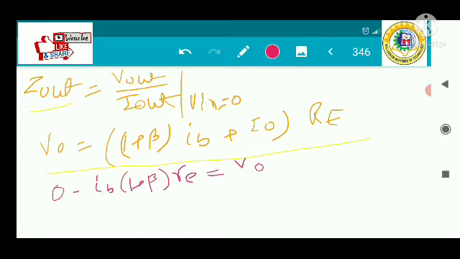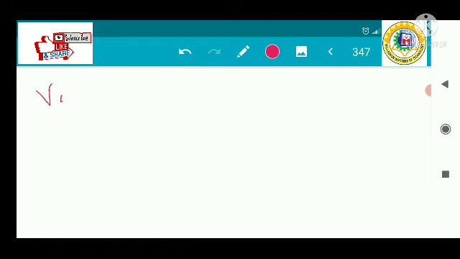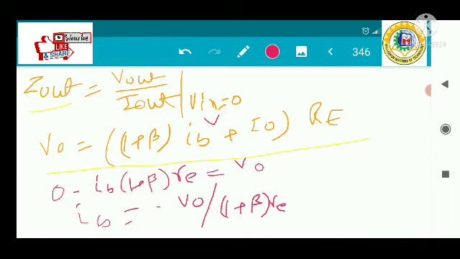This is the second expression, and from this expression your IB will be nothing but minus V0 divided by 1 plus beta into small re. Now in that V0 equation you replace this IB, so you will get it in terms of V0 divided by I0. So V0 will be nothing but 1 plus beta into IB.